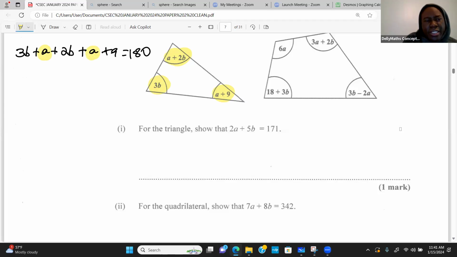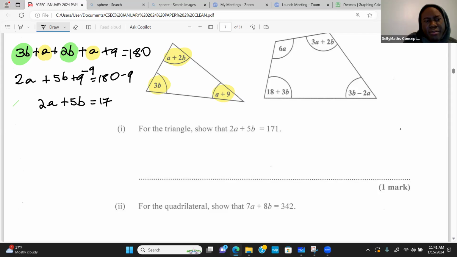Looking at the a terms, a plus a gives me 2a. And for the b's, 3b plus 2b is 5b, plus 9 equal to 180. Then we're going to subtract 9 from both sides. So 2a plus 5b is 171. Hence, we would have proven this.